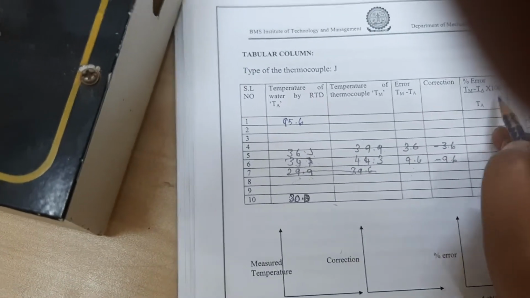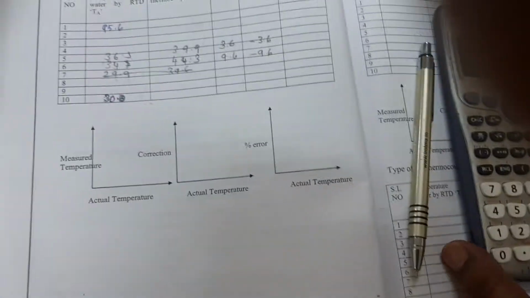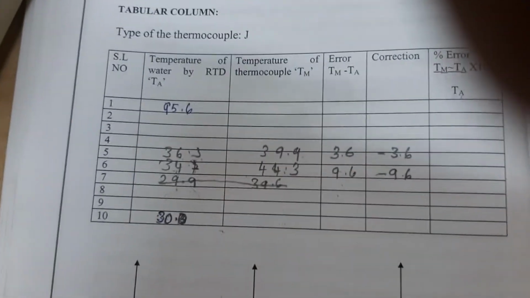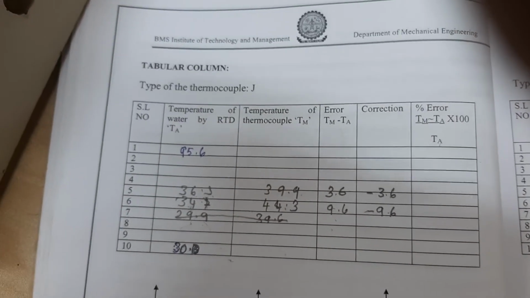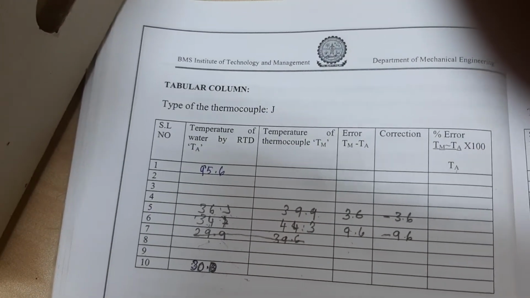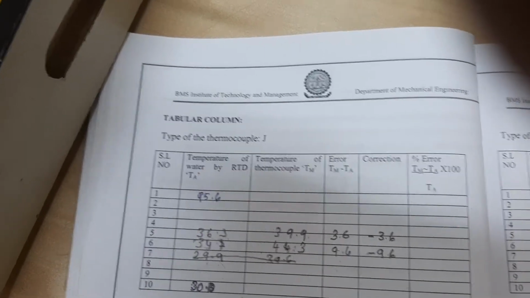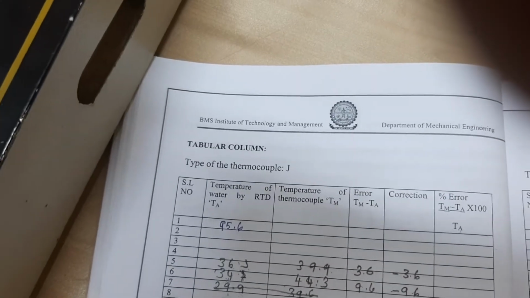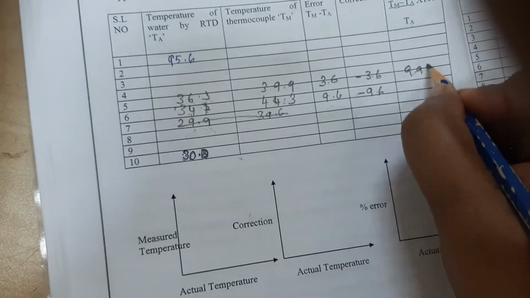Now the percentage error is Tm minus Ta divided by Ta. So 3.6 divided by Ta, which is 36.3, multiplied by 100 gives the percentage error, which is 9.91.